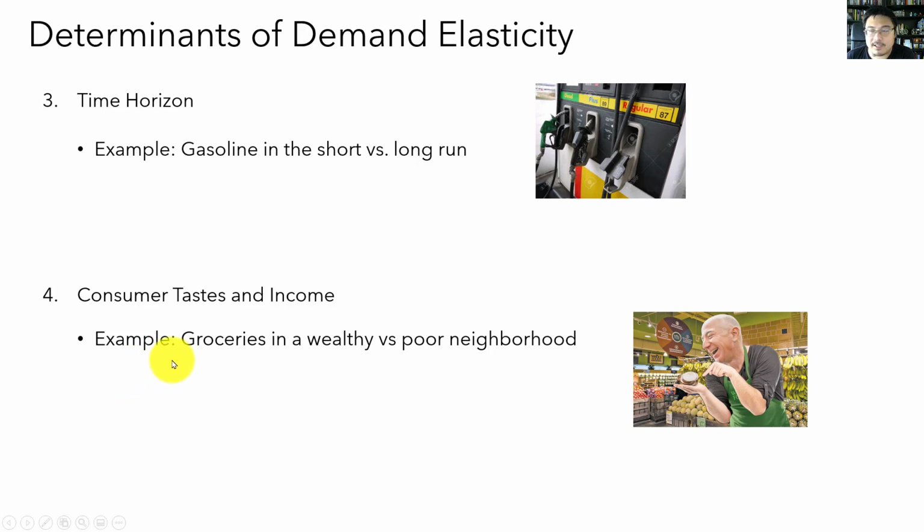On the other hand, in a poorer neighborhood, demand for groceries may be more elastic because the consumers there are more sensitive to prices. Okay, and there are no hard and fast rules about what characteristics of consumers lead to more or less elastic demand curves. And ultimately, how consumer characteristics affect the elasticity of demand is going to be an empirical question.